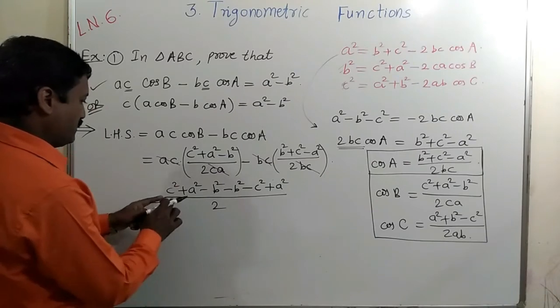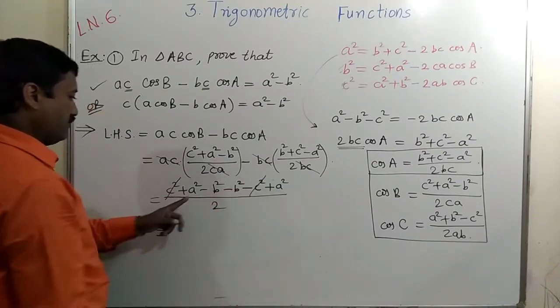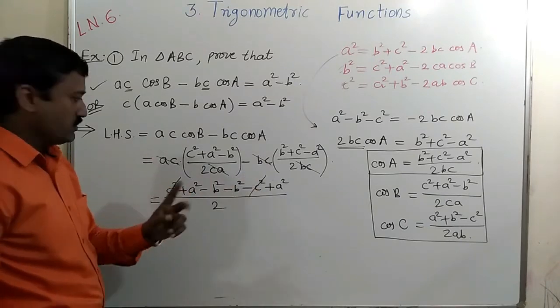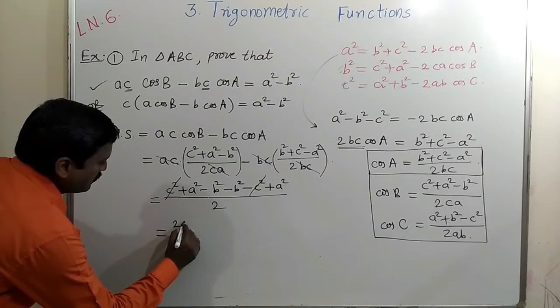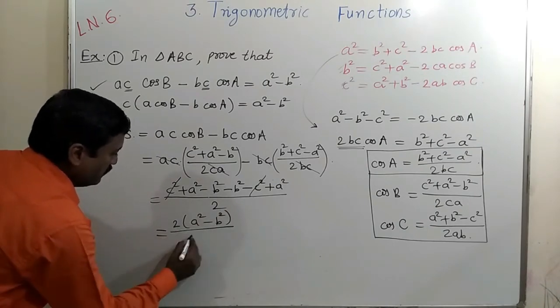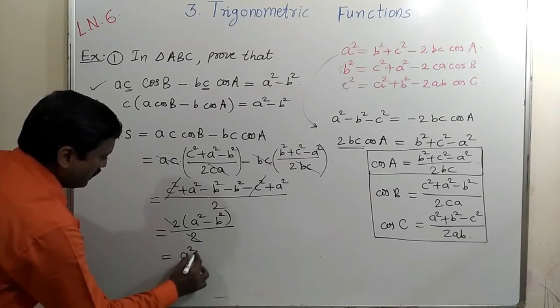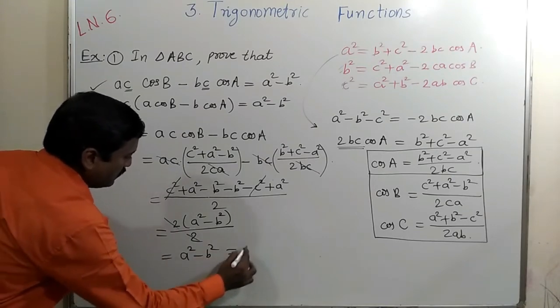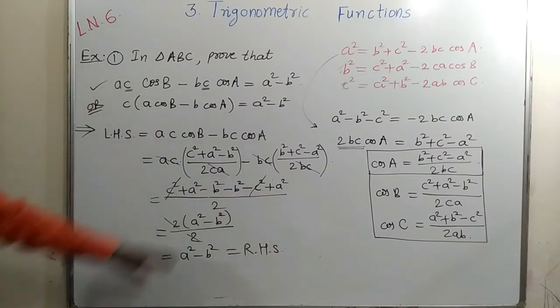Here this plus C square and minus C square get cancelled once again. Remains A square plus A square, that is twice A square, minus B square minus B square, twice B square. So 2 times in bracket A square minus B square upon 2. These 2 get cancelled, and that is equal to A square minus B square. That is our required RHS.